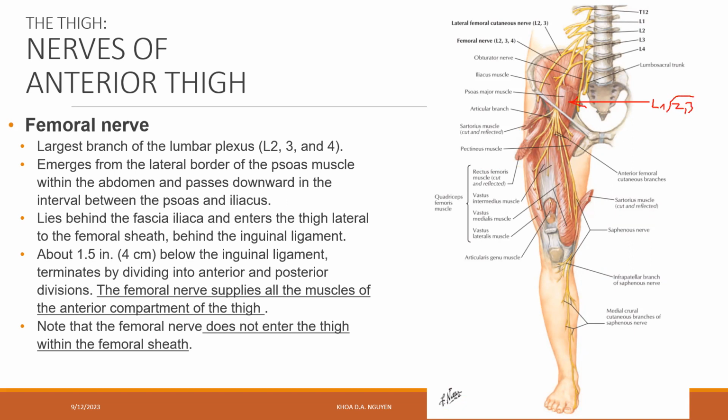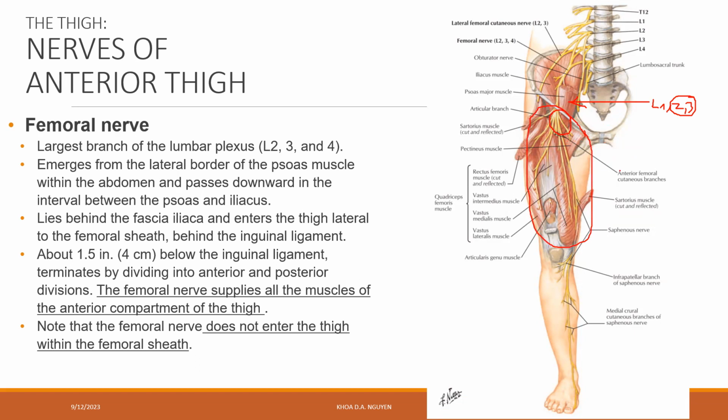But L2 and L3 are going into the formation of the femoral nerve anyway. And also this muscle on the distal side is innervated by the femoral nerve anyway, and therefore you can say that all of these muscles of the anterior compartment are going to be innervated by the femoral nerve.